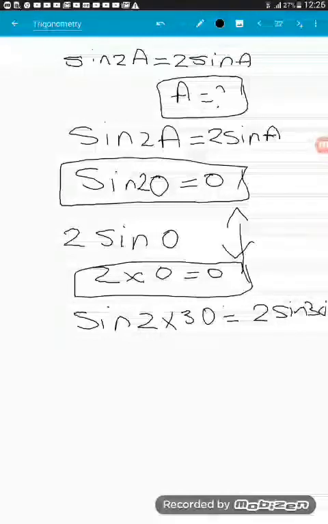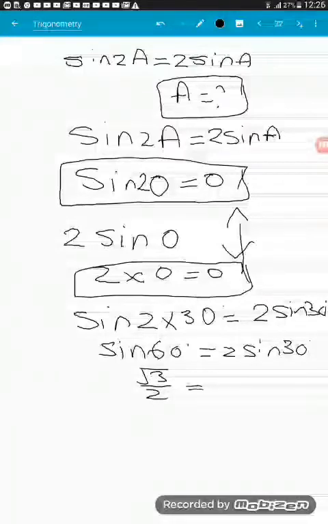Now sin 60 is nothing but root 3 by 2, equal to 2 sin 30. Sin 30 you will find is 1 by 2. So the 2 cancels, 1 equal to root 3 by 2. It is not equal.